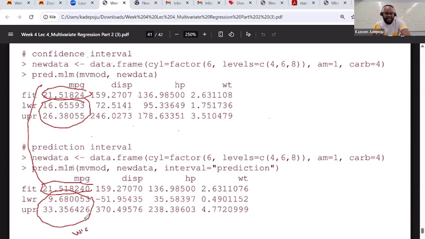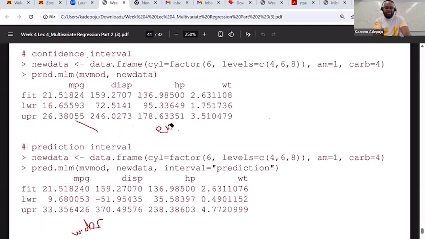And why is this one narrower? It is narrower because the standard error associated with the average is smaller than the standard error associated with the individual. That is the reason.